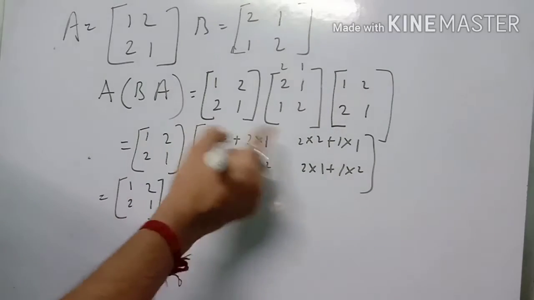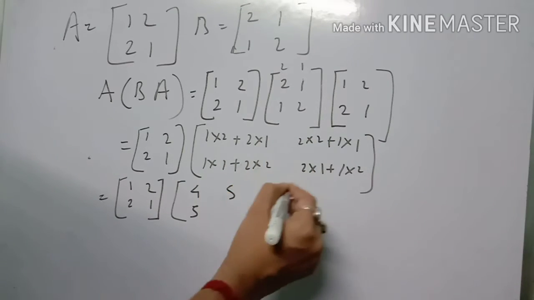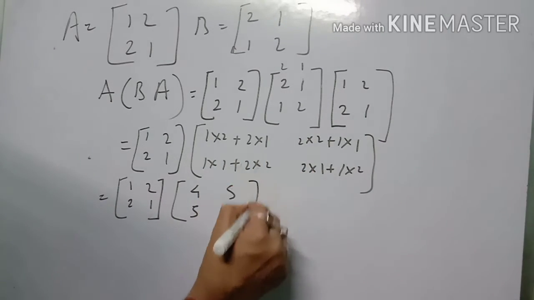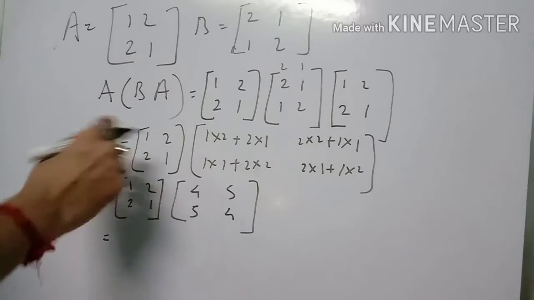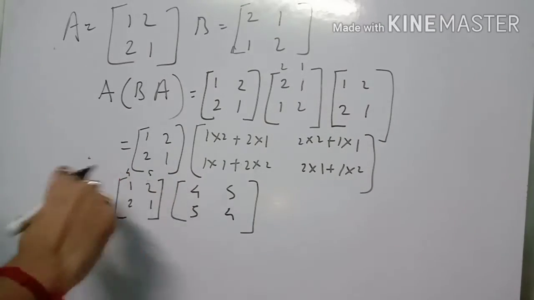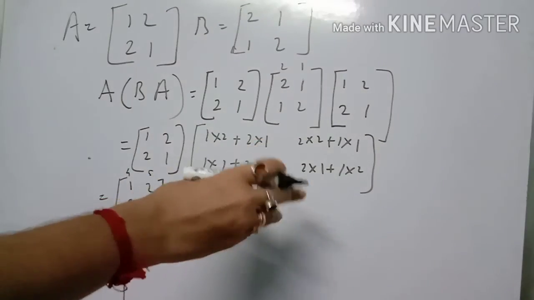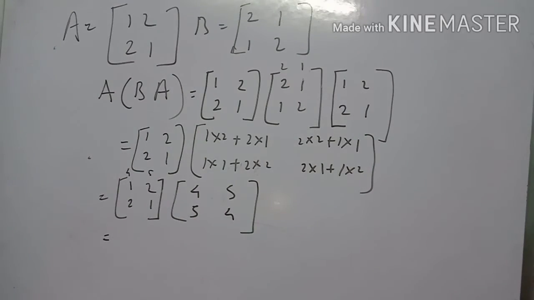So it becomes 2 2 4, it becomes 5, it becomes 5, fine, it becomes also 4. Lovely. Let us do the multiplication which includes A here. Right now we are done with the BA multiplication. We got 4 5 5 4 as the answer. Let us multiply this one.